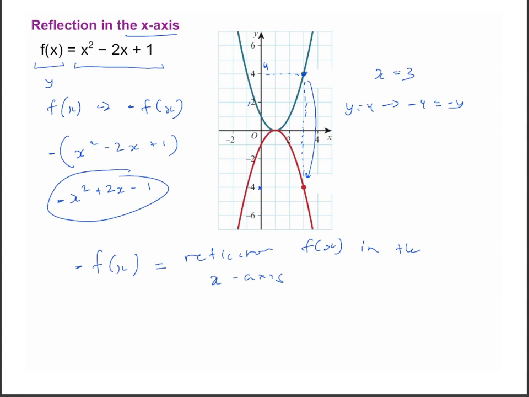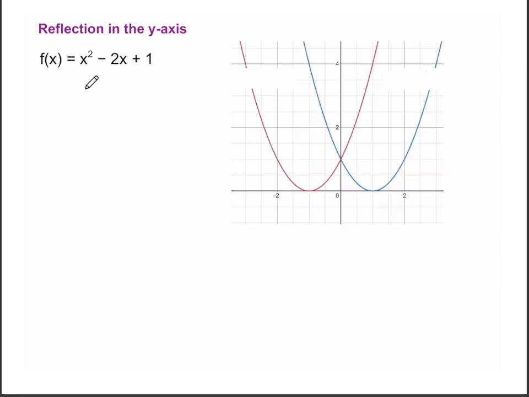Okay? Next, we look at reflection along the y-axis. And here what's happening, we can take any point. Let's just take this right here, which is negative 1, and this is positive 1. The y value has stayed the same. So when the y value is 0, this has now gone from negative 1, which was originally x, and it has now become positive 1, which is now the new x.